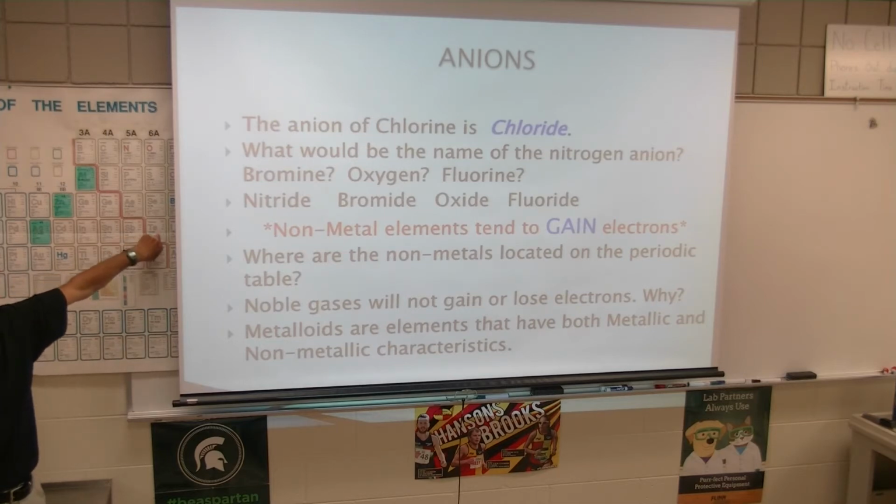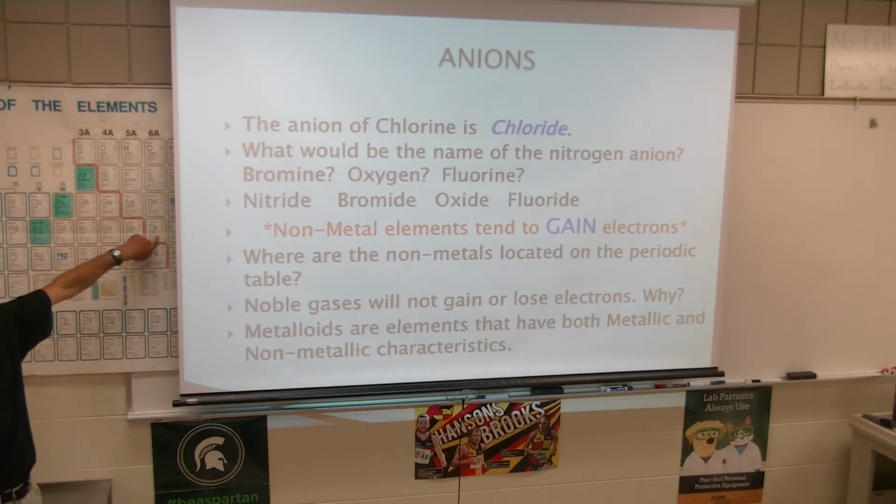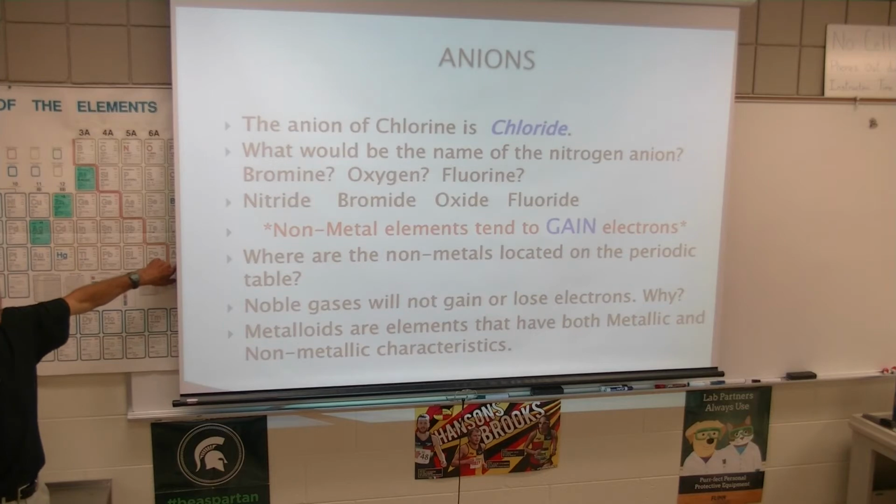That's 4 of them. Those are 4 metalloids. Astatine, some books will show it as a metalloid and some books will not. It is considered radioactive, so they tend to consider it no.